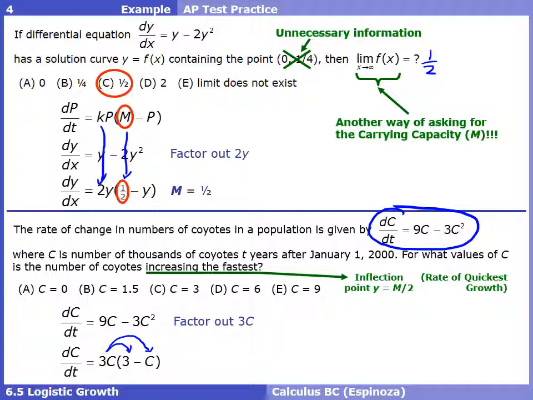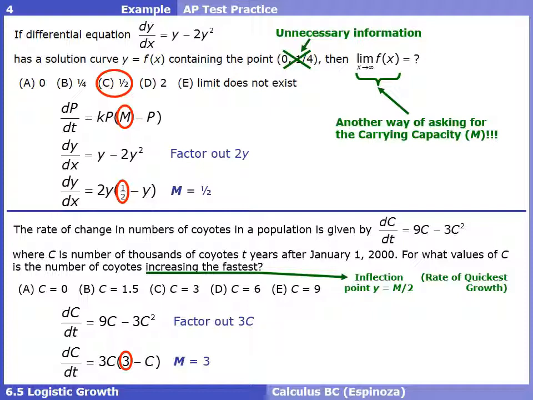Okay, now that we have this in its proper form, do we know what the carrying capacity is? Well, yes, the number minus p, or in this case, the 3 minus c, indicates what our carrying capacity is. Our carrying capacity in this problem is 3.